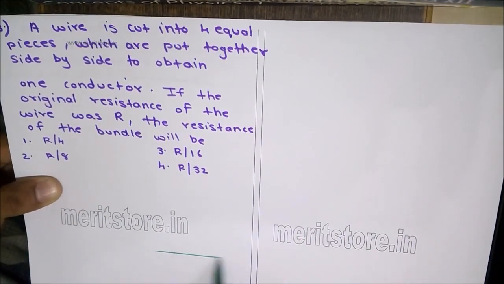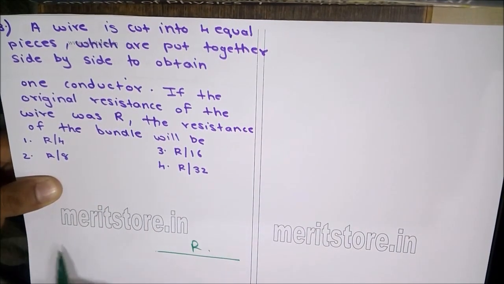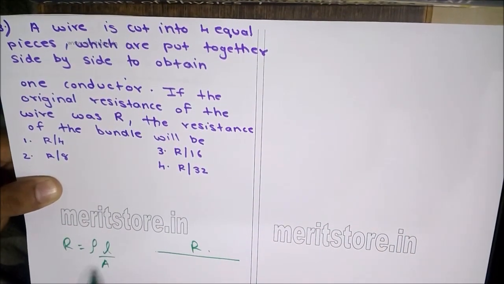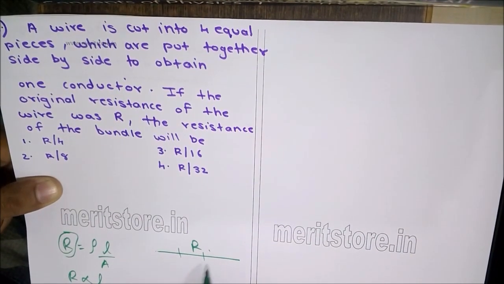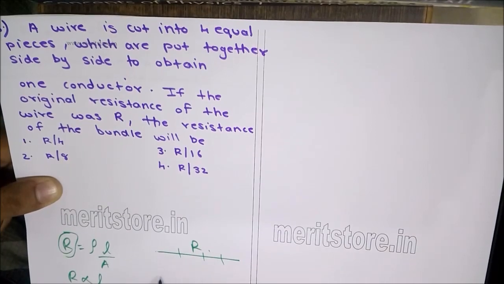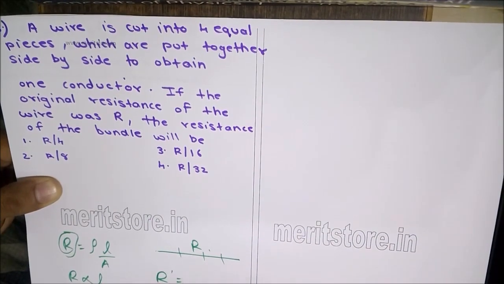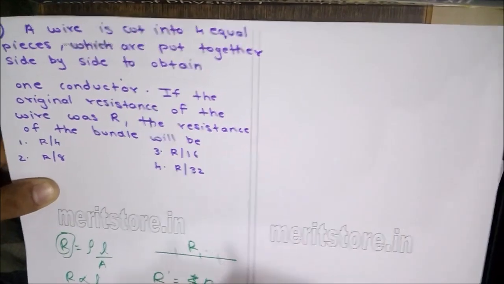Since the initial resistance of the wire was R and the formula for resistance R equals rho L by A, here R is directly proportional to L and inversely proportional to the area of cross section. Now when the wire is cut up into 4 pieces, the length is divided by 4, so the final resistance would be R by 4.